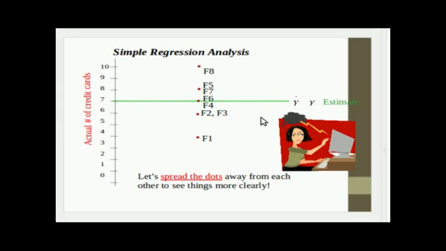You can also note that F1, F2, F8 are our sample population. On the next slide, you will observe the estimation error between the actual credit cards and estimated credit cards per household in the US population sample. So let's spread the dots away from each other to see things more clearly.